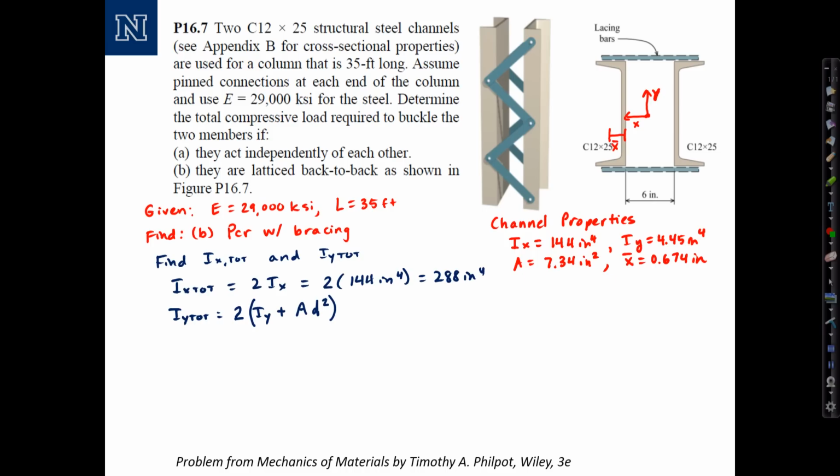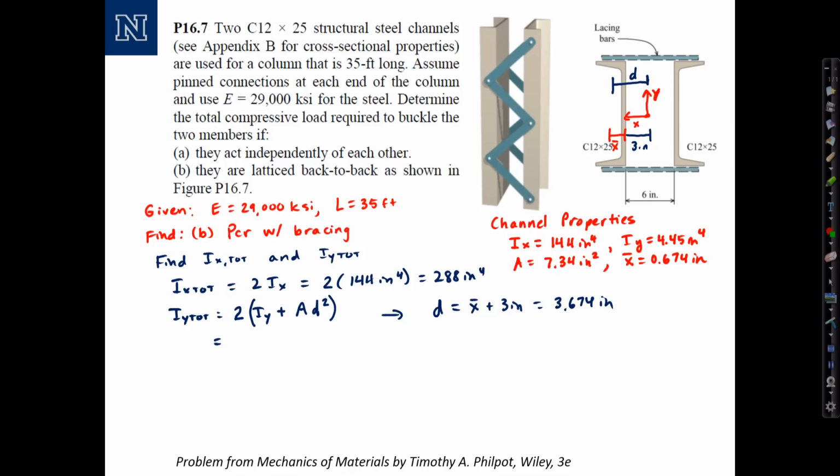What is d? Well, d is this total distance from the overall centroid to the centroid of the channel. And we see that that d is equal to x bar plus this distance right here, which is 3 inches. So if x bar is 0.674 inches, that's 3.674 inches.